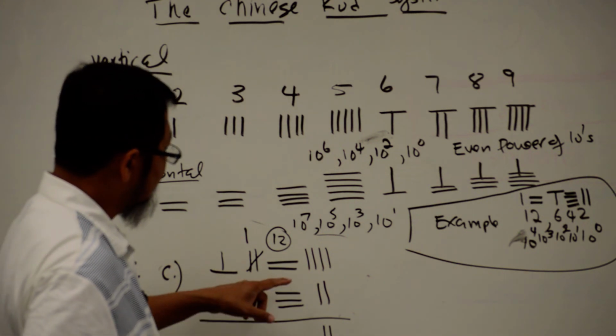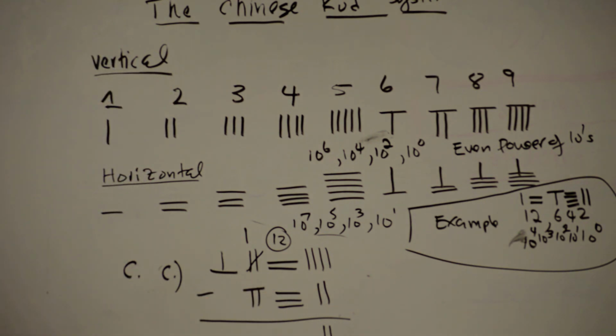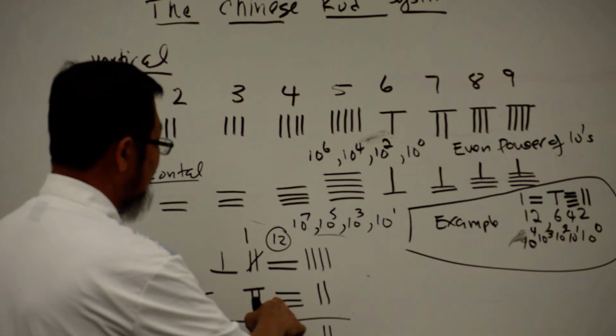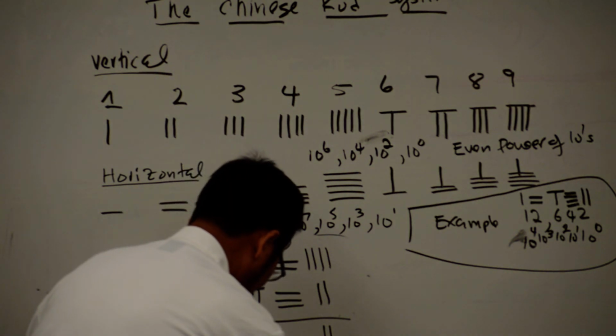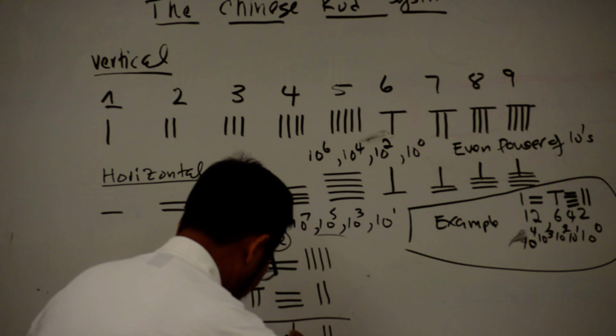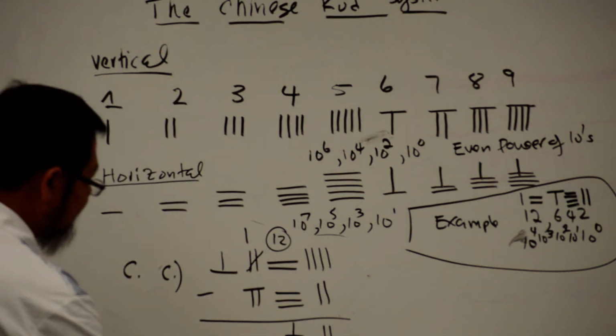What do you get? Anyone can help me out? 12 minus 3 is 9, right? So it should be 10 to the first: 1, 2, 3, 4, 9. 12 minus 3 is 9.